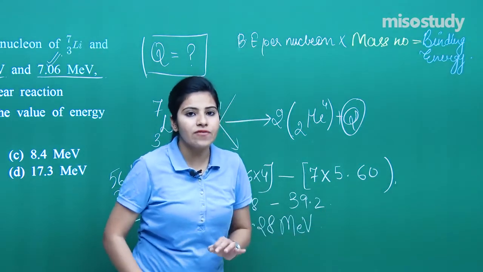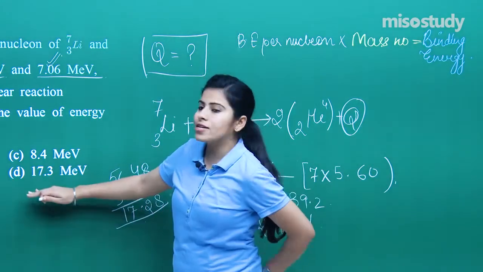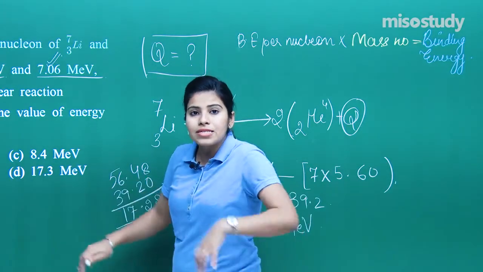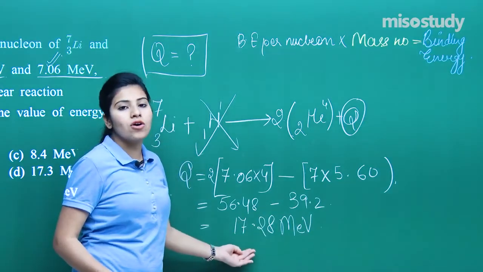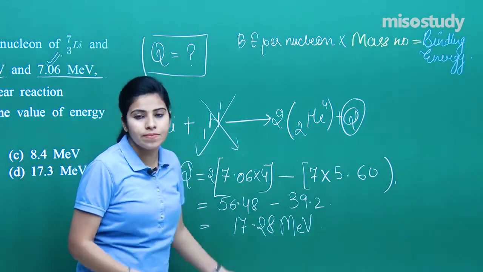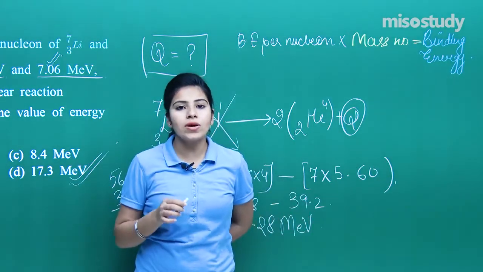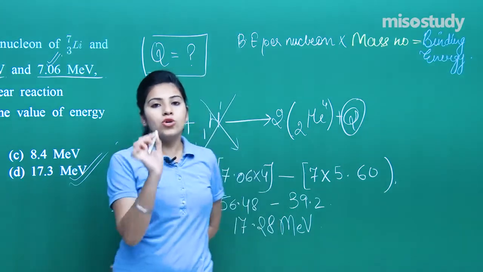Now let us verify whether this is present in the options or not. We can see that 17.3 is present. That means this is the closest value to the option. So we are going to tick 17.3. So this must be the correct answer. Now you can see how easy this question was. You just have to know how to find out the Q value.